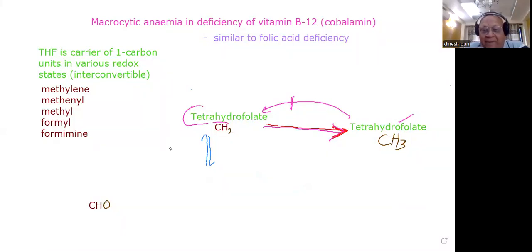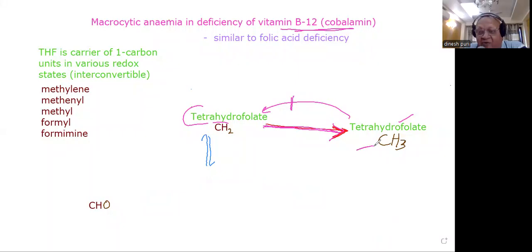So I am repeating, tetrahydrofolate is acting like a locked trap because of irreversibility of this reaction. So tetrahydrofolate can enter the mainstream only if it is able to get rid of this methyl group. Now an important point, here comes the role of vitamin B12 or the cobalamin.